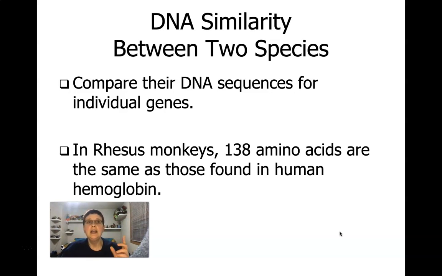And so in hemoglobin, there are 146 amino acids. And so what they did is they compared the DNA sequence that codes for those 146 amino acids to rhesus monkeys. And on the next page, I have a picture of a rhesus monkey if you have no idea what they look like.